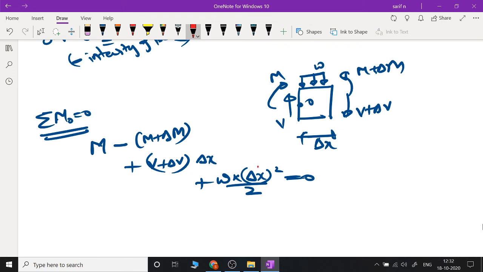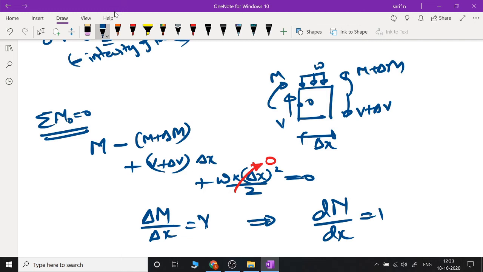Now delta x is a small quantity, so the square of that can be neglected. Similarly, the term delta V into delta x is also a very small term and can be neglected. So if we rewrite this equation, we get delta M by delta x is equal to V. If we apply the limits, we will be getting dM by dx is equal to V. So this is the second relation that we are having.